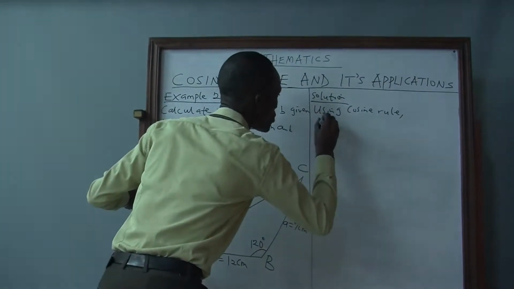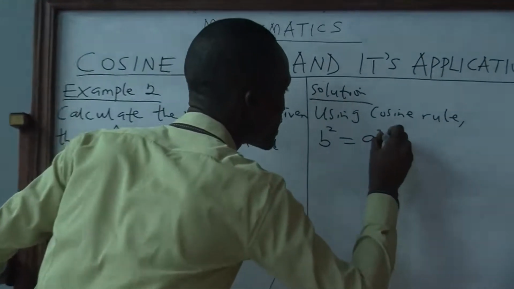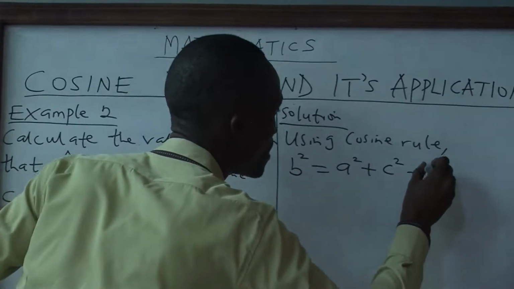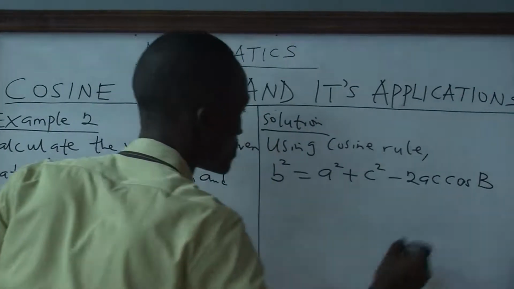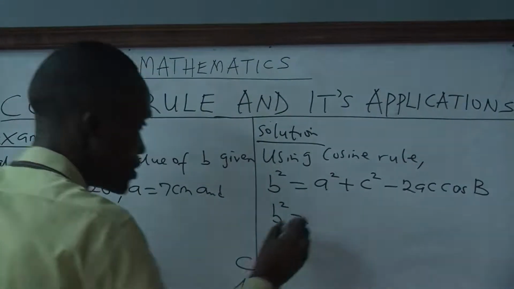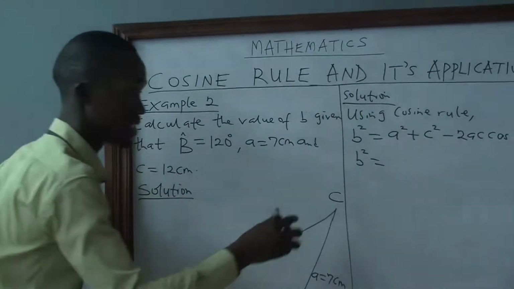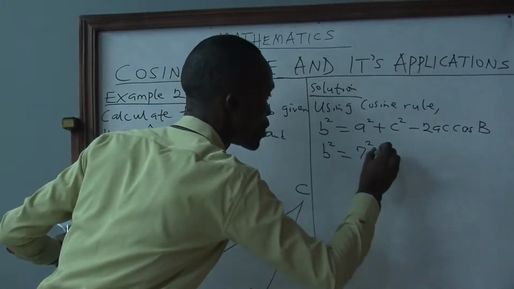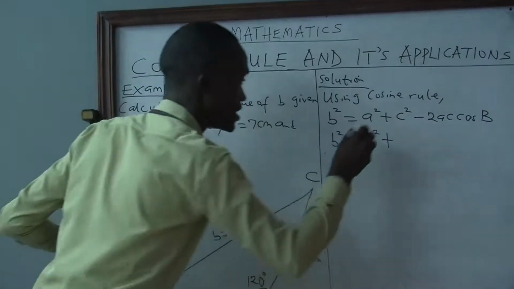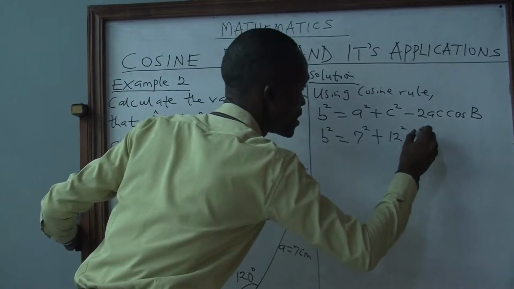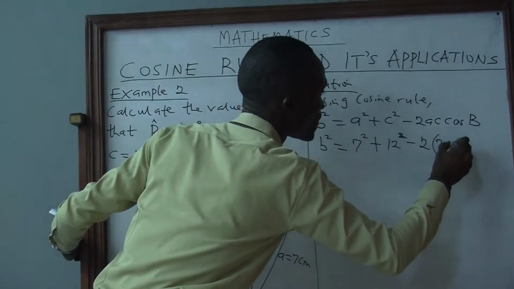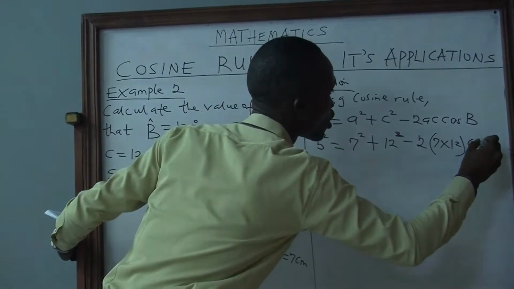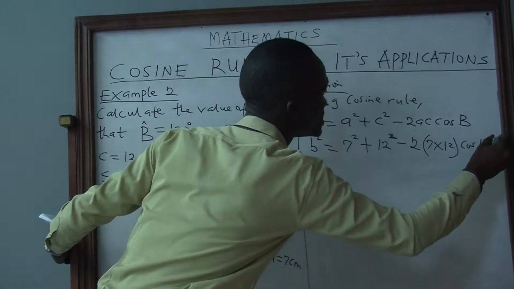So we have b squared equals a squared plus c squared minus 2ac cos B. So the value of a is 7. That is 7 squared. The value of c is 12, 12 squared, minus 2 into 7 multiplied by 12, then cos 120 degrees.